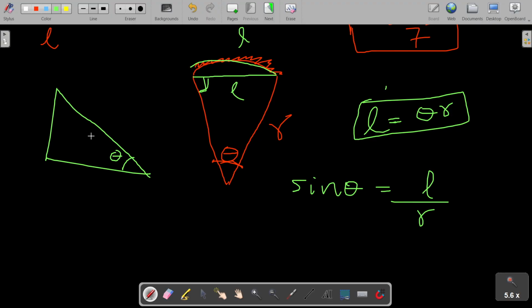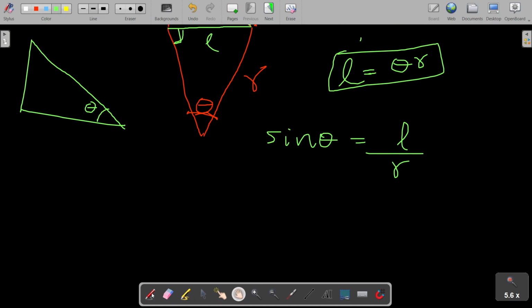So this part becomes straight. If we zoom in microscopically, this part here is L and this is radius r. The radius remains the same. So when theta is very small, we can approximate sine theta as theta.